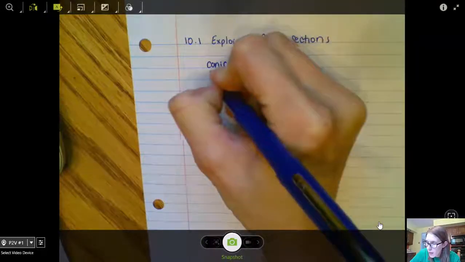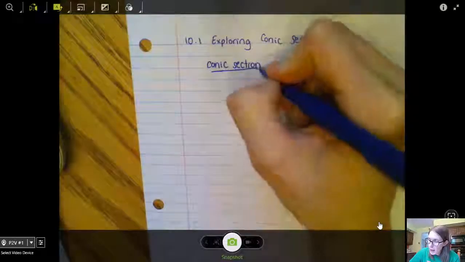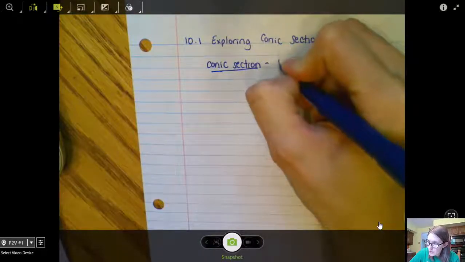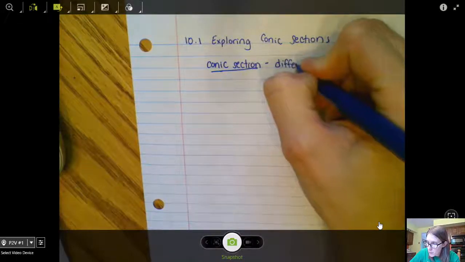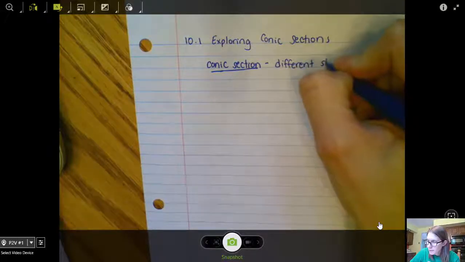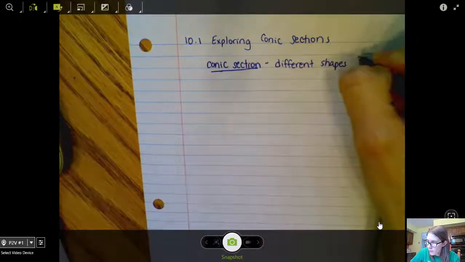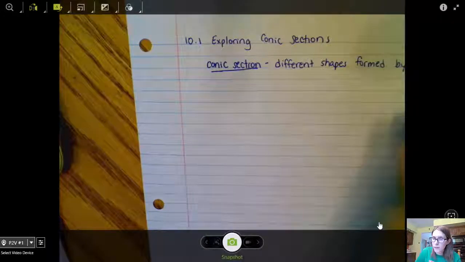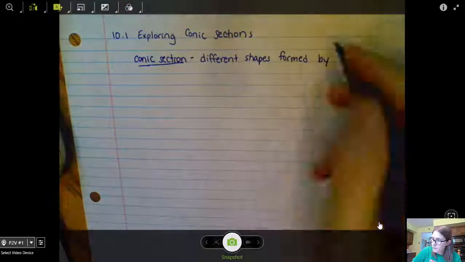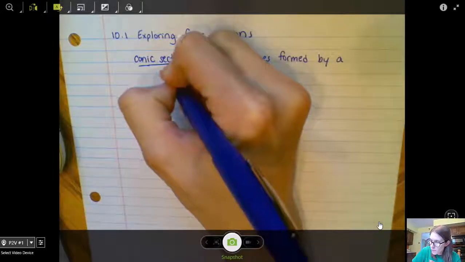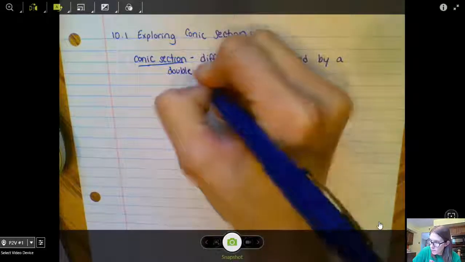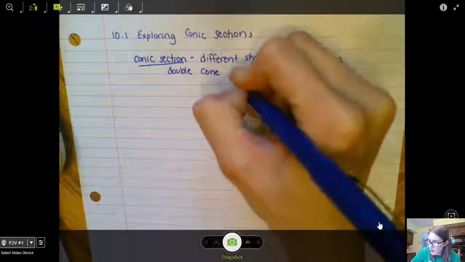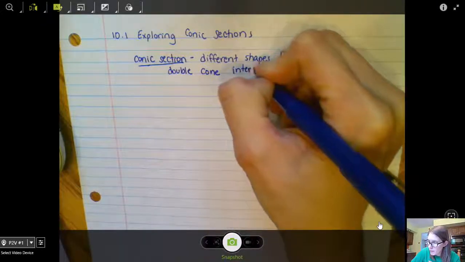which we talked about through our exploration. But a conic section is the different shapes formed by a double cone intersected with a plane.